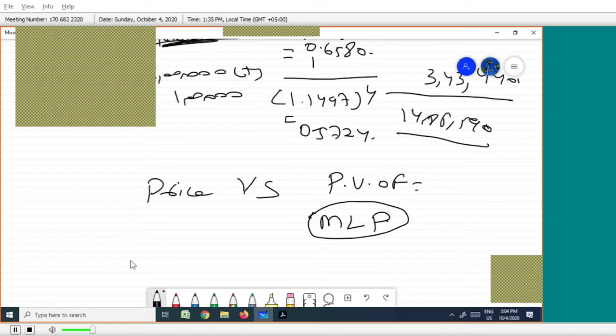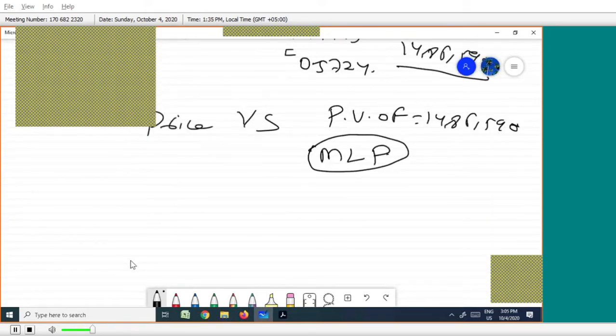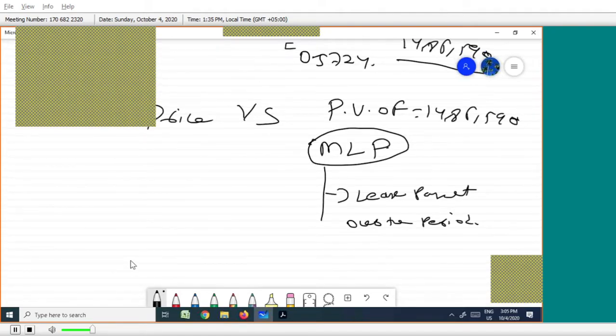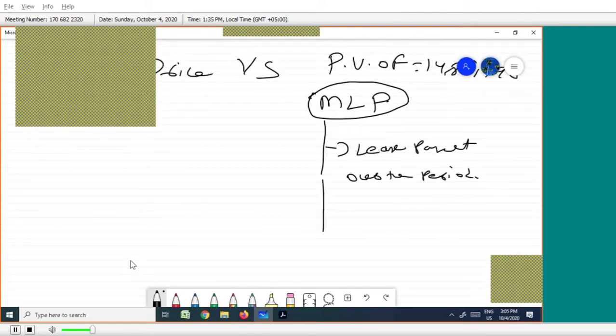This 14 lakh 85,590 is called the present value of minimum lease payments. It includes the lease payments over the period and also the guaranteed residual value. That is what we calculated now, discounted to present value.